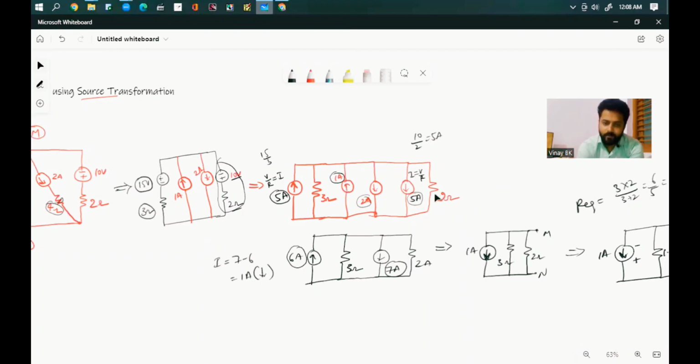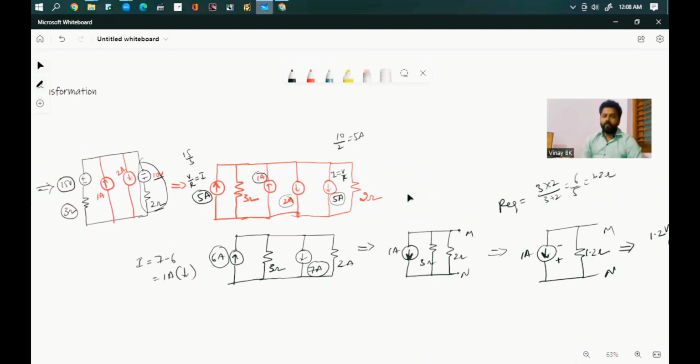Now we can observe that whatever currents are flowing in the same direction, there is addition of current. Whatever currents flow in the opposite direction, there will be a subtraction. So here two currents are flowing in the same direction, 5 amperes and 1 ampere, so 6 amperes flowing upward. Similarly, 2 amperes and 5 amperes flowing downward, so 5 plus 2, 7 amperes downward.